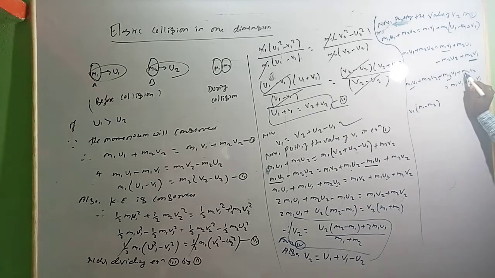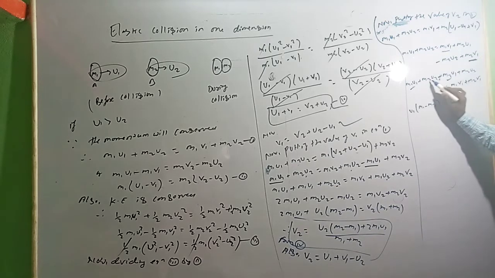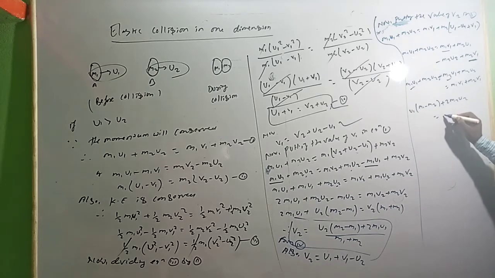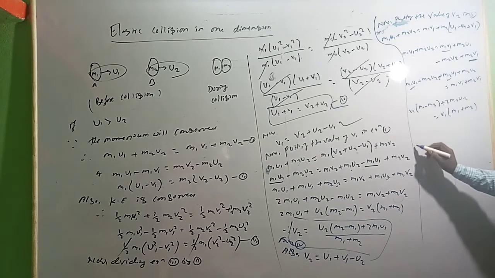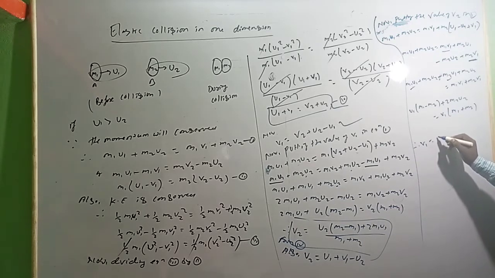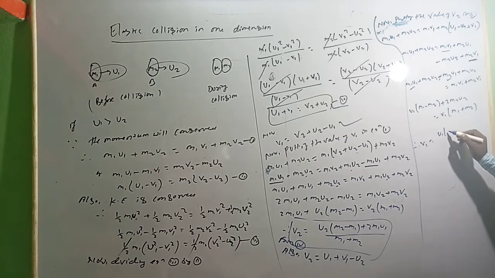Finally you have m2 u2 plus m2 u2, 2 m2 u2 equal to, again you will take v1 common, m1 plus m2. Therefore v1 is equal to u1 m1 minus m2 plus 2 times m2 u2 divided by m1 plus m2.